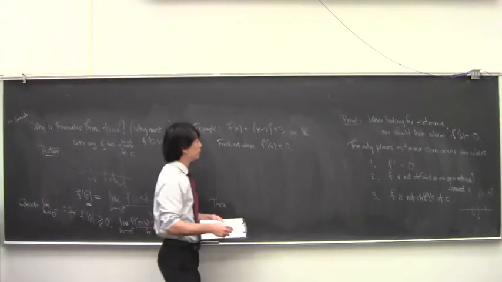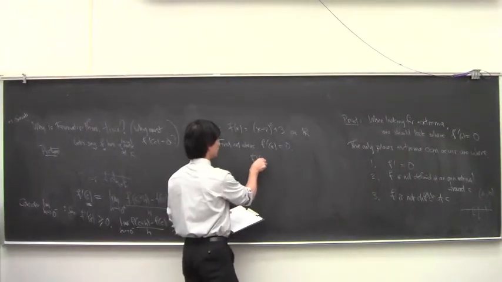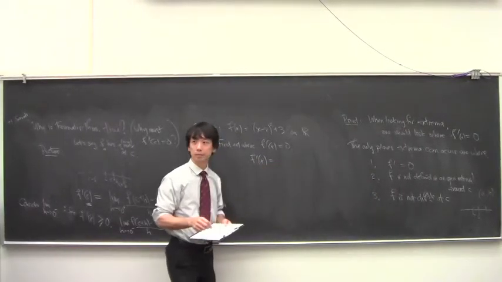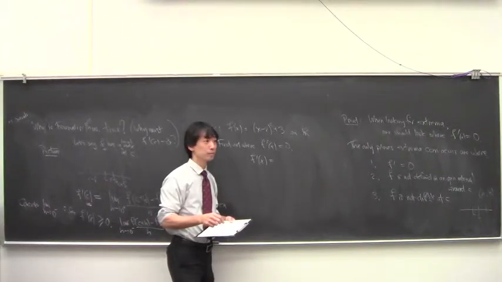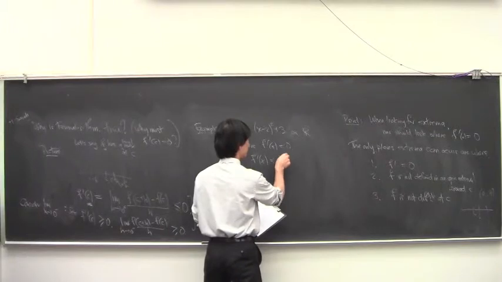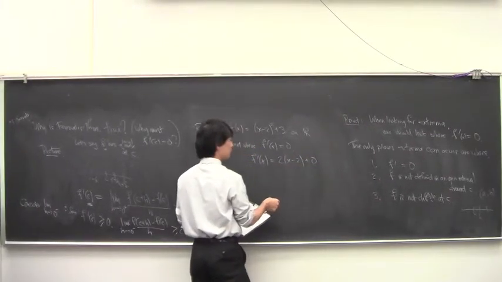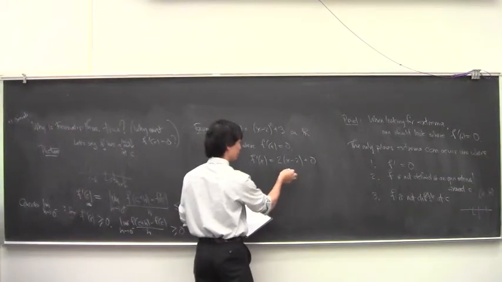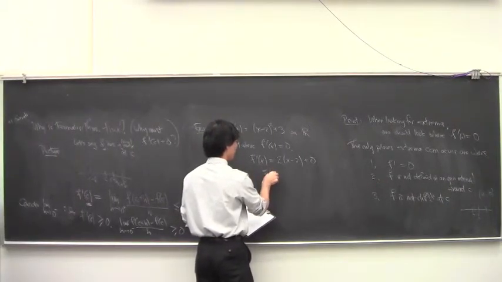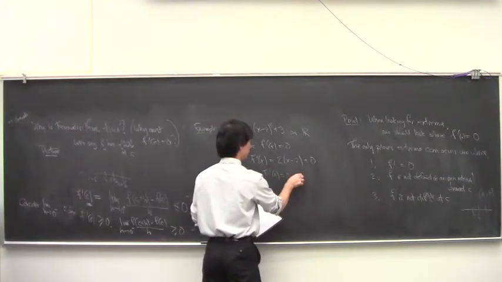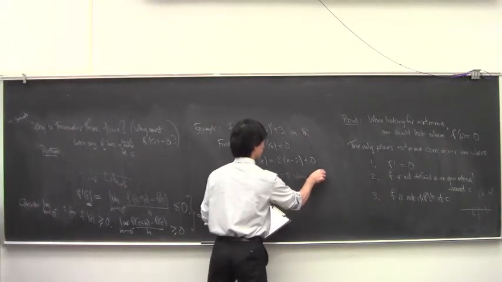Right? So what's f prime? And where is that equal to 0? Well, f prime equals 0 when x equals 2.